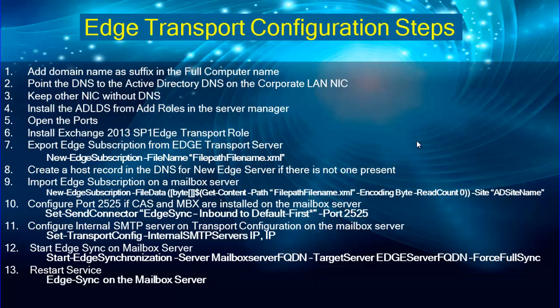Then install the Edge Transport server with Service Pack 1 build or higher. Then export the Edge subscription from the Edge Transport server with the command New-EdgeSubscription -FileName, with the file path and file name .xml. Then create a host entry, because this server might not be able to reach your AD DNS. When you import the subscription, your corporate mail server will try to connect to the Edge server.